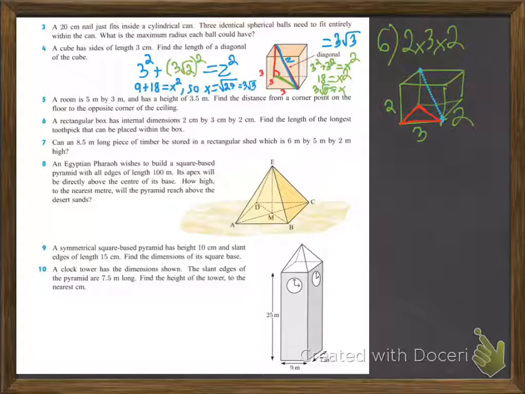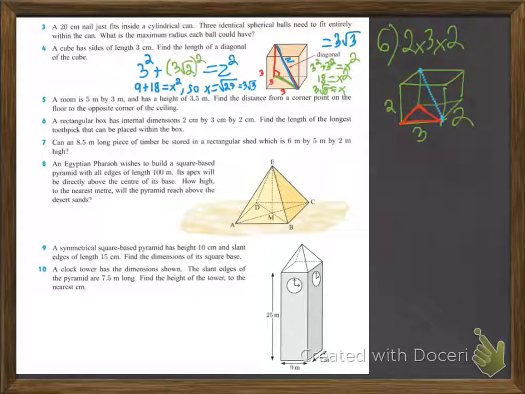So again, we have to do it like one of the previous problems. Let's find the diagonal on the bottom. If we can find that length, then since we know this side, we can easily find the hypotenuse.